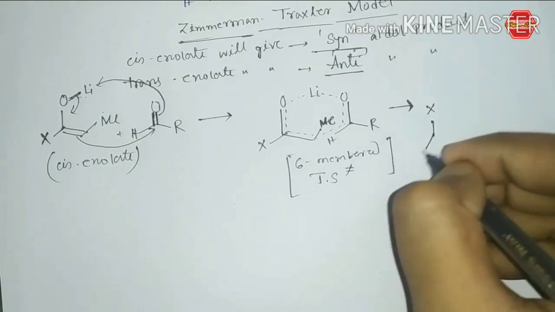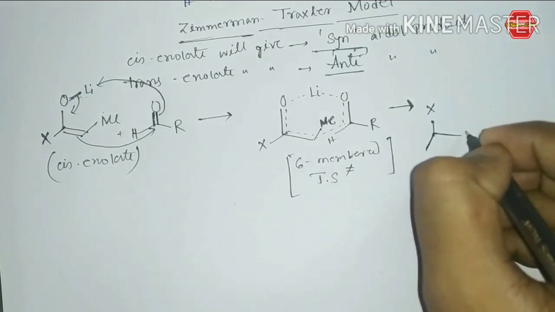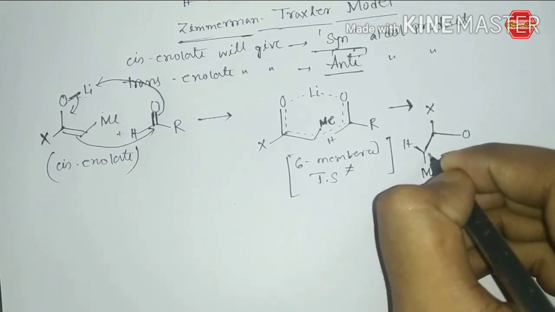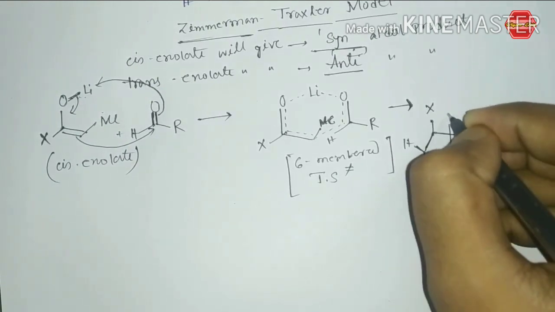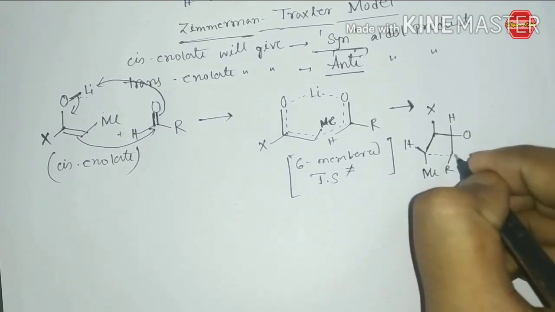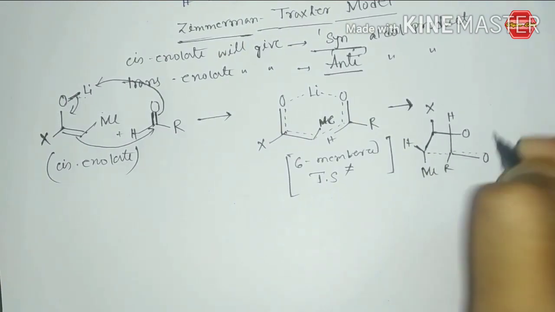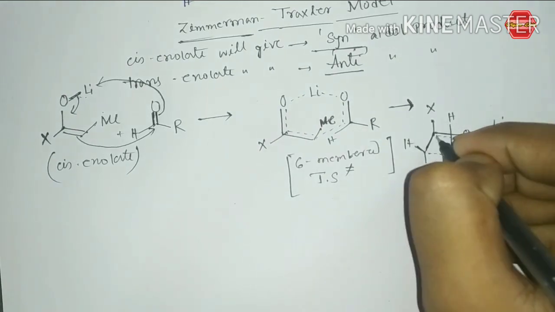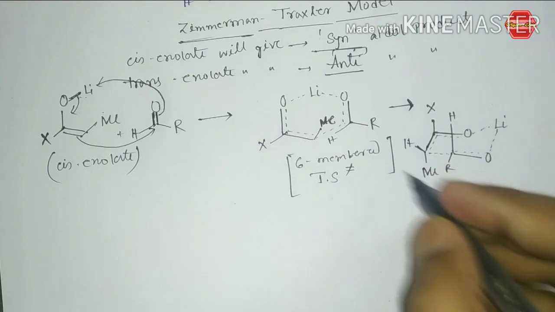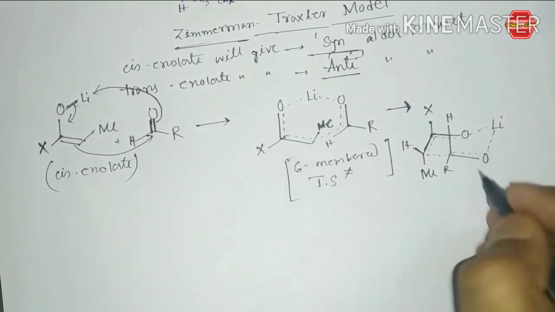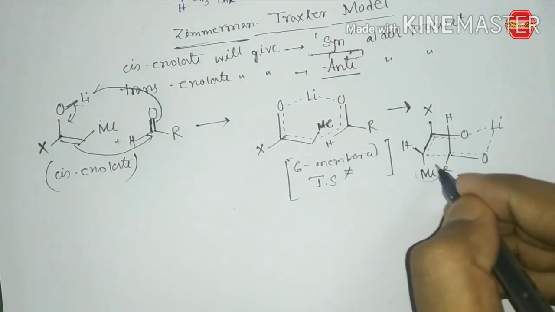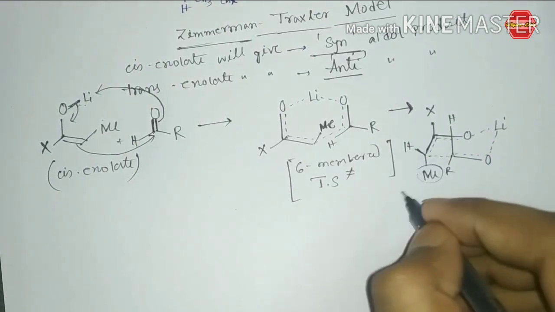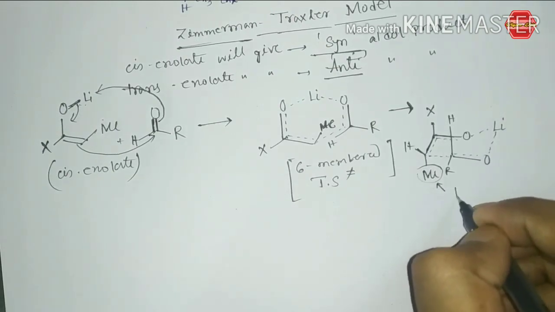Now here I'm writing this way. This is X. This is your cyclic transition state. Now this methyl group is in axial, actually not axial; specifically this position is called pseudoaxial.